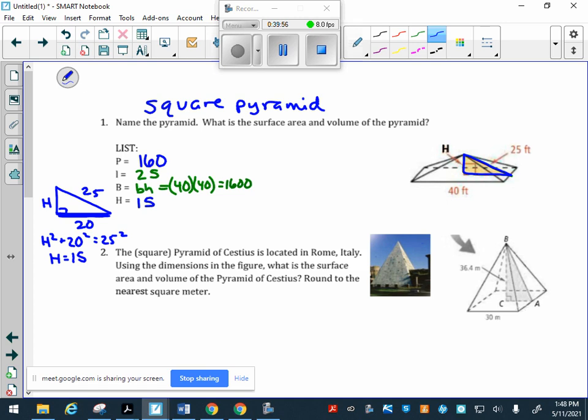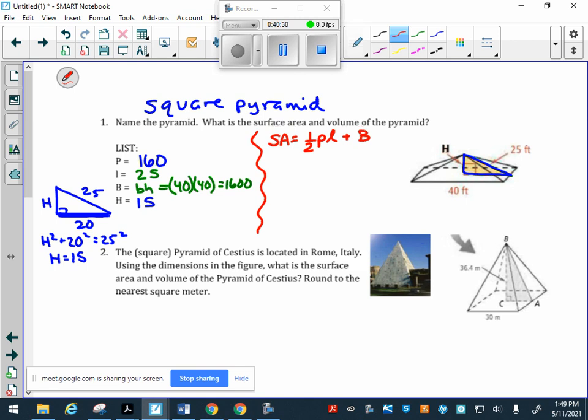Okay, well now we're just going to plug into our formulas. I do want to caution you though, there are some common mistakes that people make, especially with surface area. 1/2 PL plus B. Be careful, careful, careful. Sometimes people make the mistake of dividing by 2 at the end.